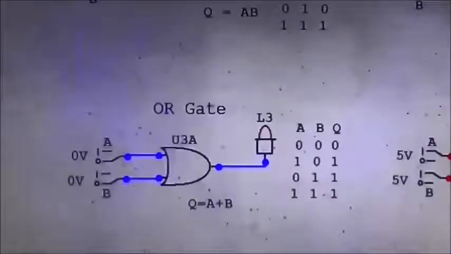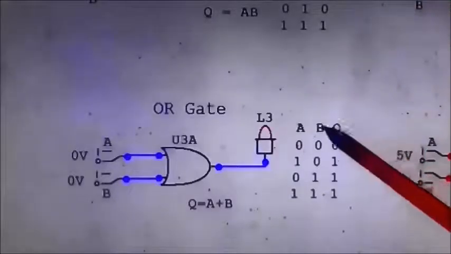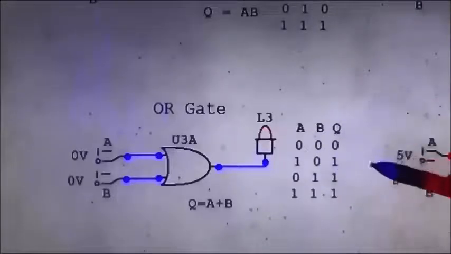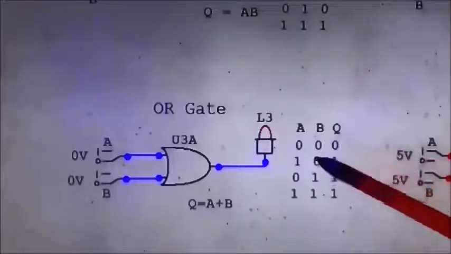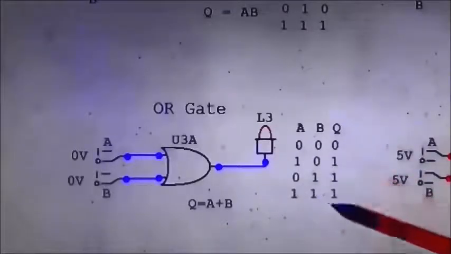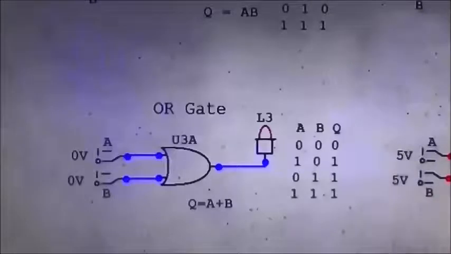Now similarly, our third real gate is the OR gate. And we can see the truth table for it here. If A's equal to 0 and B's equal to 0, then Q's equal to 0. But if any input is equal to 1, then the output will be equal to 1 as well. So let's try it. There we are.